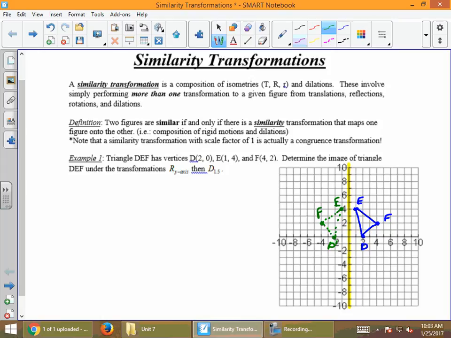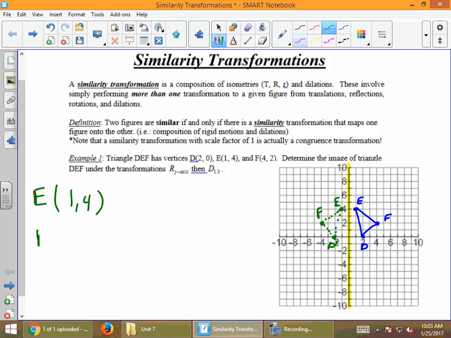Okay? When we do our next transformation, which is a dilation, what operation are we always doing? Multiplying. Right? Are we going to multiply the original image or the new one we just plotted here? Yeah, the new one. Okay? So write down the new points that you just got. We have E is 1, 4.